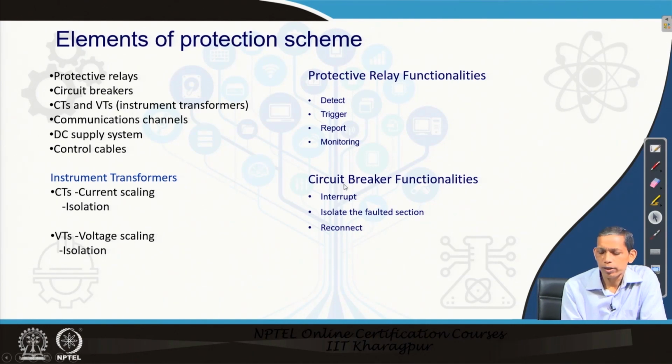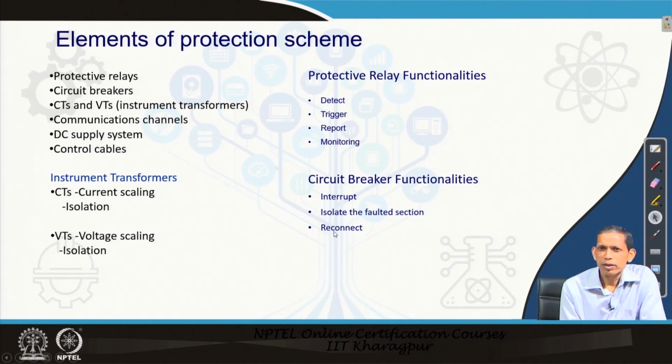Similarly, circuit breaker functionalities: the circuit breaker interrupts the faulted path successfully, where current can be very high during that period of time. It isolates the faulted section, it provides a physical isolation. Thereby the damage and the safety perspective can be addressed.